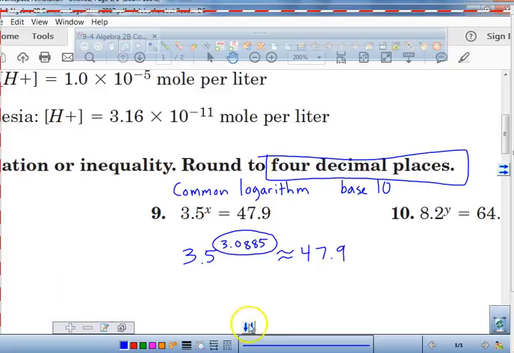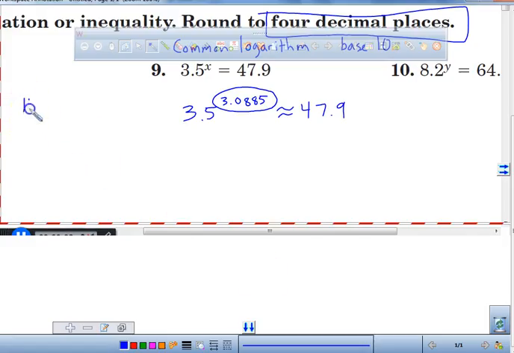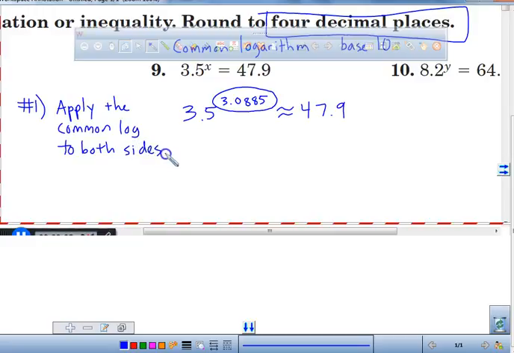So, step number 1. You can put this in your journal. Step number 1. You're going to apply what's called the common log to both sides.